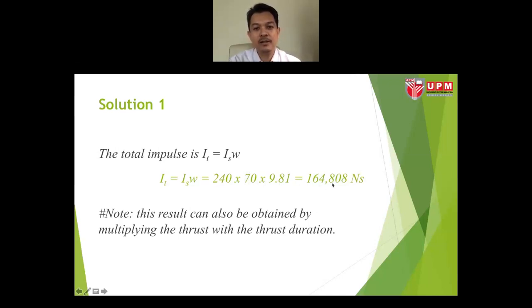At the same time, if you multiply the thrust value with the thrust duration, you also get 164,808 Newton second. The thrust value is 54857 Newton? Yes. Multiplied by 3, I got 164571. Yes, it is approximate. Thank you. You're most welcome.